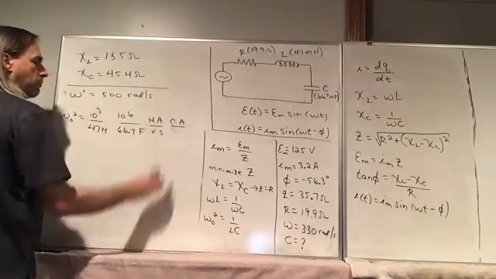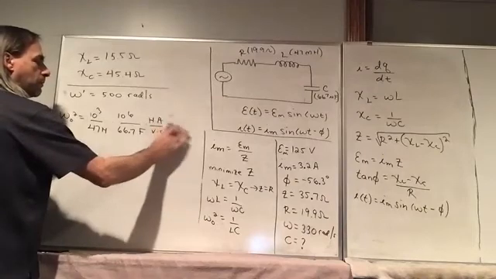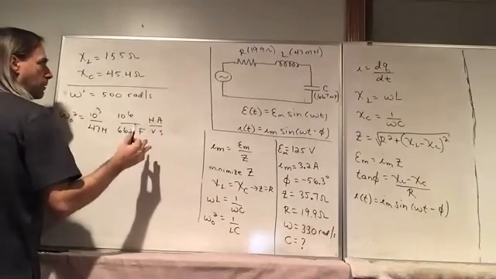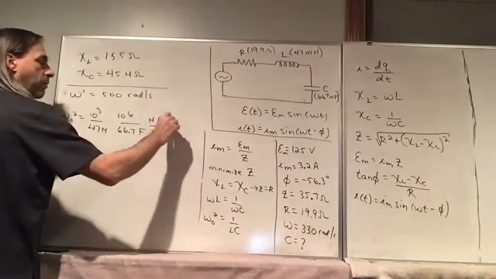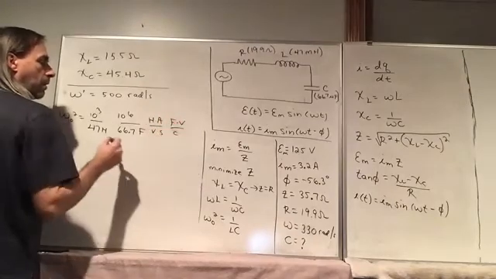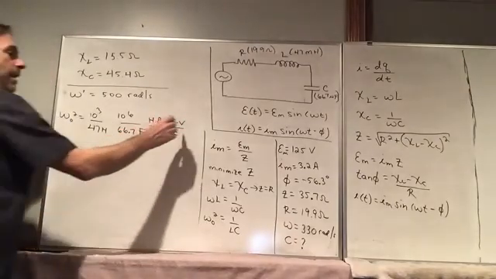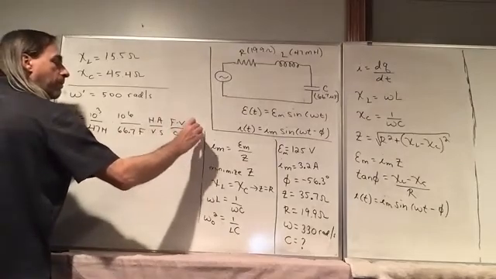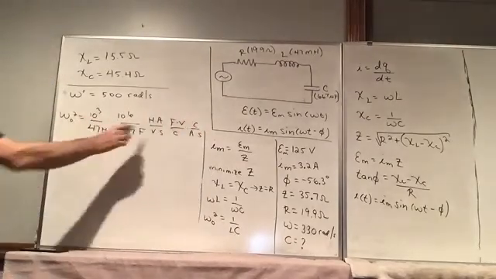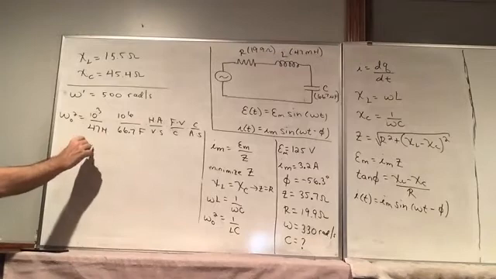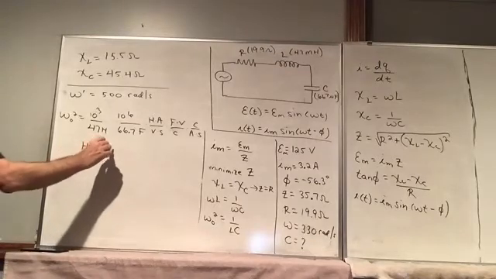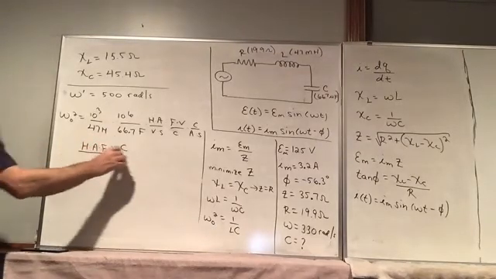Wait, I wrote that wrong. A coulomb equals a farad times a volt. And an amp times a second is a coulomb. So here, let's look at our units. We have henries, amps, farads, volts, and coulombs.